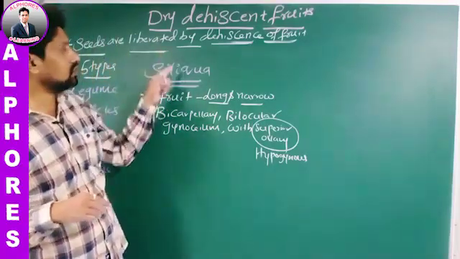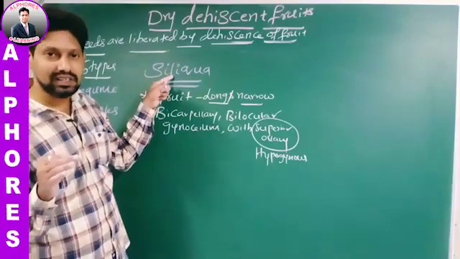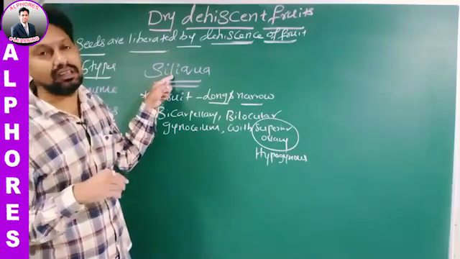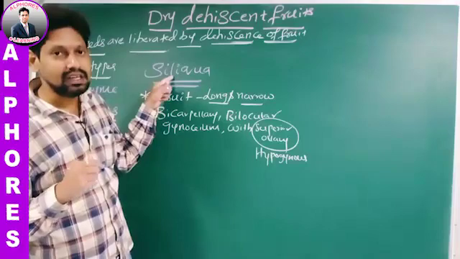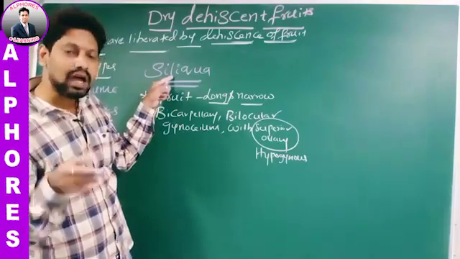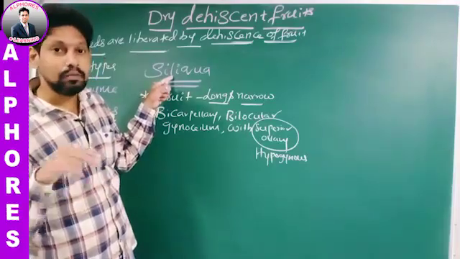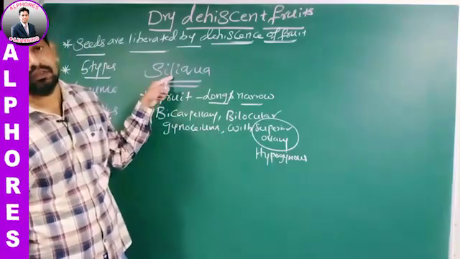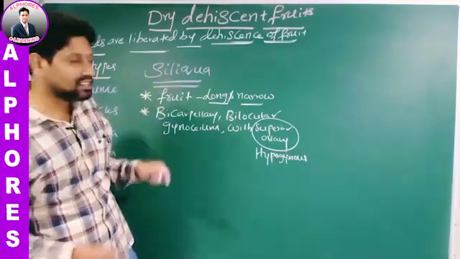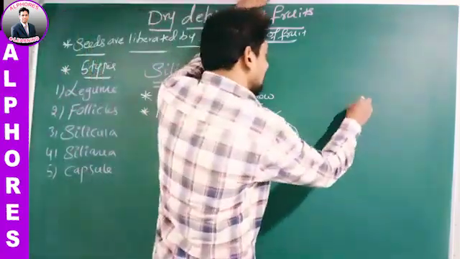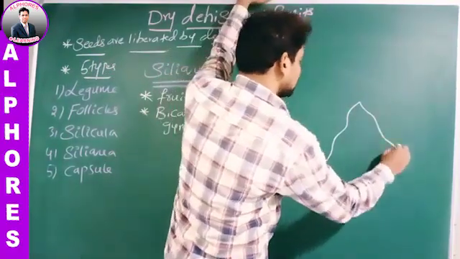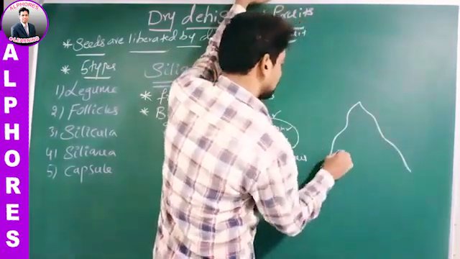This fruit Siliqua dehisces vertically, along both the dorsal suture and the ventral suture, from base to apex. That's why after dehiscence the fruit is inverted V shape.